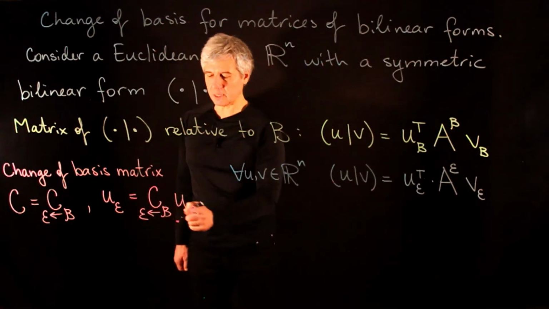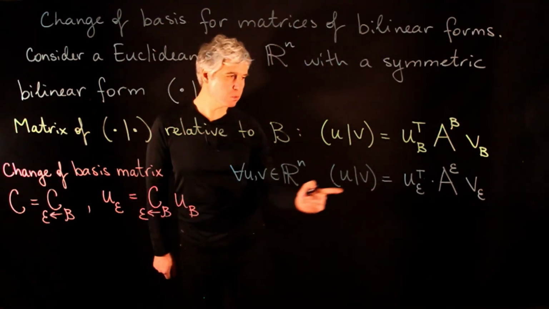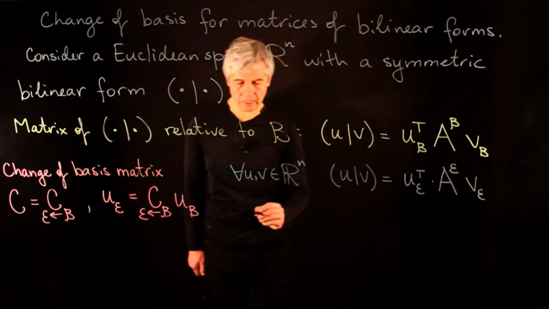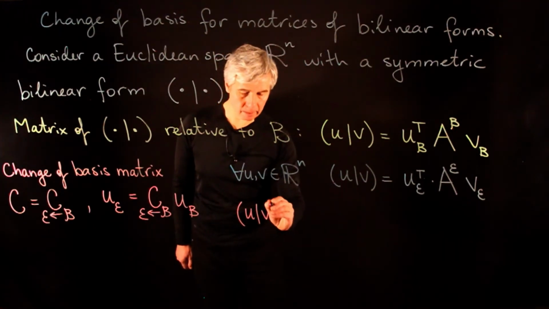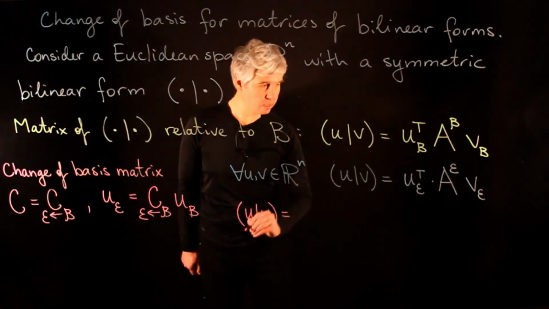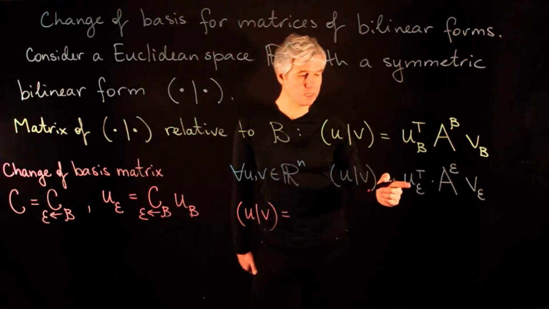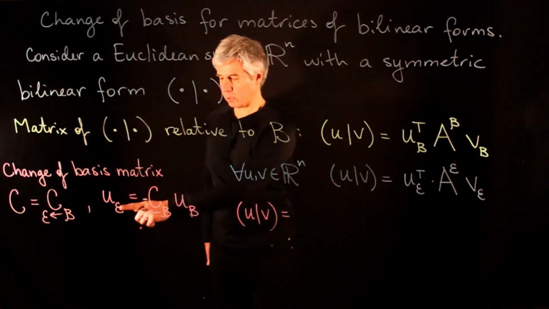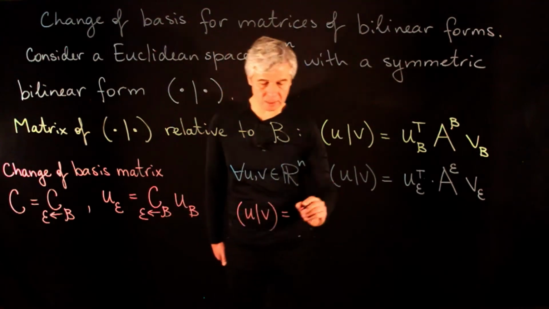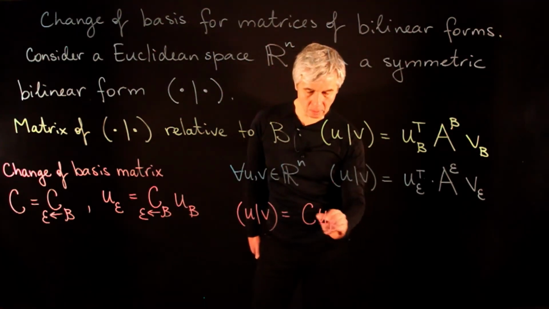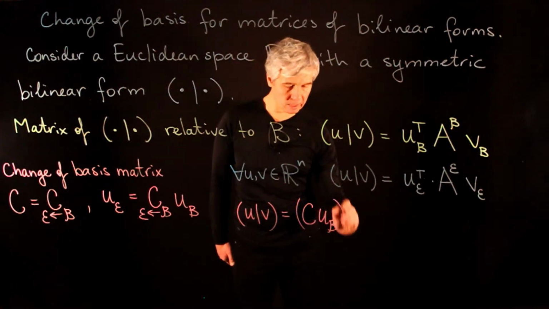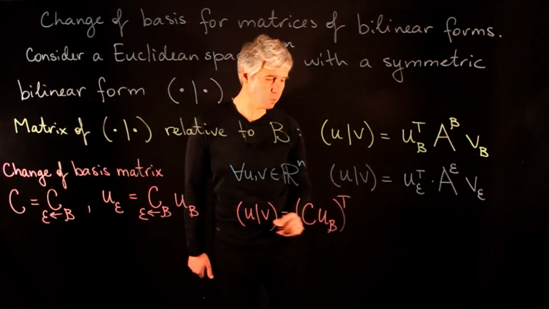Now let us take this relationship and substitute it in our second formula. Then we get that the value of the bilinear form on vectors u and v is equal to, so instead of u in the standard basis, we are going to write the change of basis matrix times the B coordinates of vector u, and all of this has to be taken with a transpose.